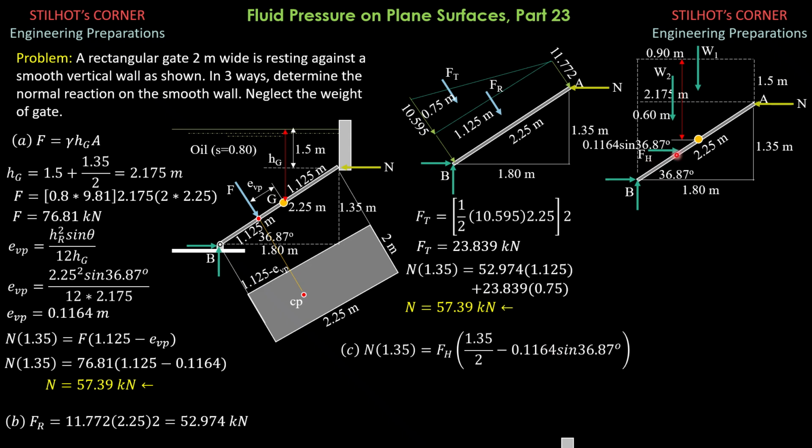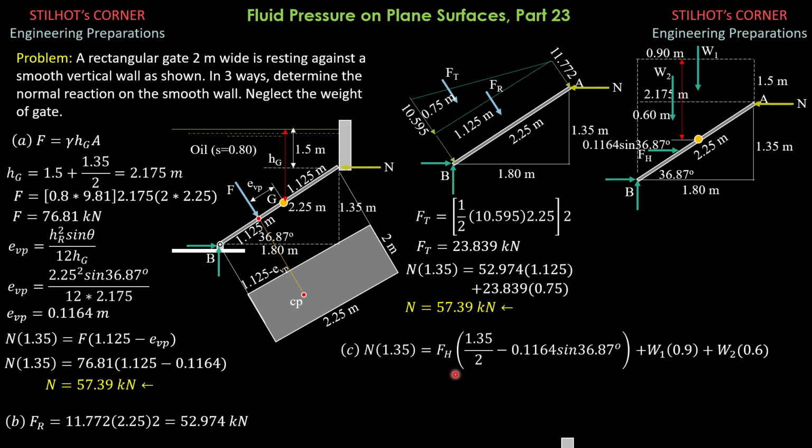This distance here, vertical distance, is half of 1.35, then minus that value, 0.1164 sine of 36.87 degrees. That's a matter of trigonometry. So you should be able to follow that. Then plus weight 1 times 0.9 plus weight 2 times 0.6.